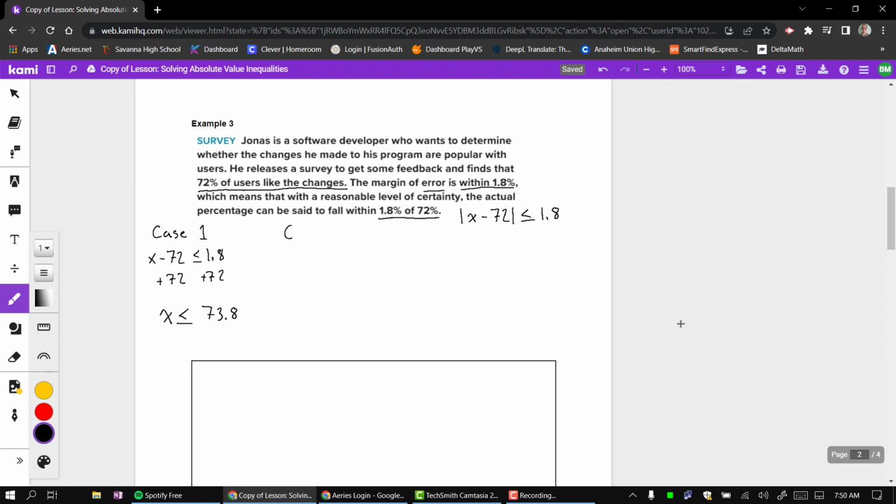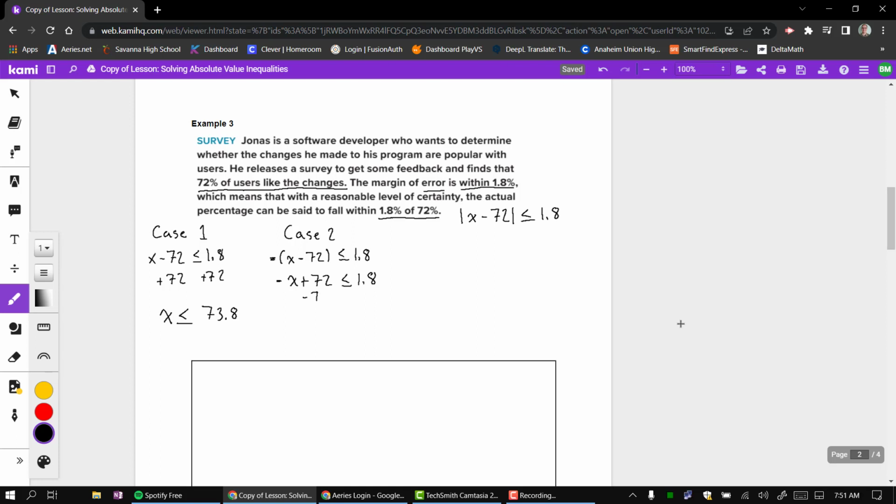Case 2. What if the expression in here is negative? So that would be negative x minus 72 is going to be less than or equal to our margin of error, which is 1.8. So distribute in that negative. That gives me a negative x. Negative and negative is positive, so that gives me a positive 72 is less than or equal to 1.8.